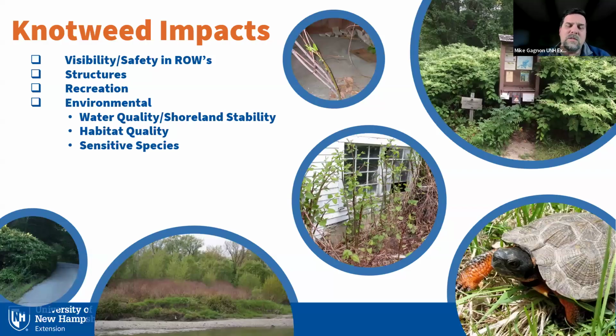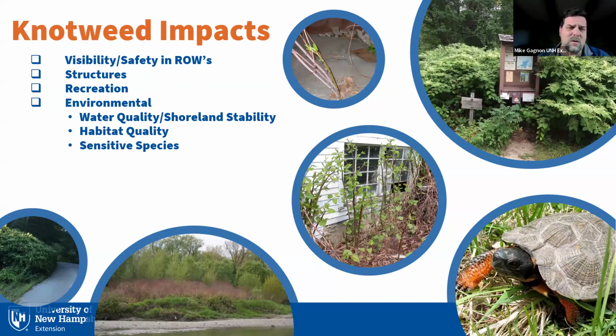Some of the problems we see: a big one is visibility and safety in rights-of-way. In some places it even pushes people off sidewalks when it's aggressively growing along roadsides. It can damage and impact structures and recreational areas, and it can cause environmental issues like water and shoreline stability and habitat quality from a diversity standpoint.